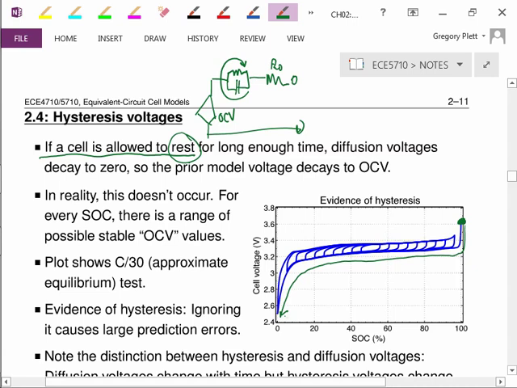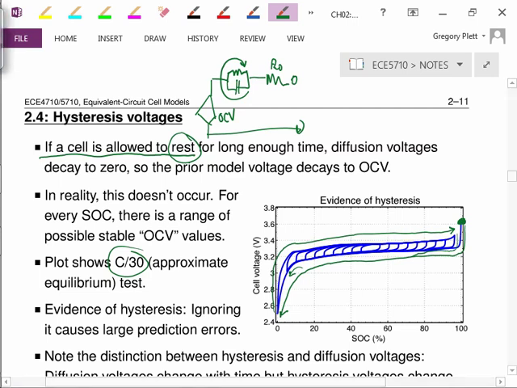And when I say slow, this is a C/30 rate, meaning that one step of this picture took 30 hours in order to accomplish. Then we slowly charge from 0% up to 95%, and then discharge from 95 down to 5, and so forth, and we get this resulting voltage plot with all of these inner loops in it.